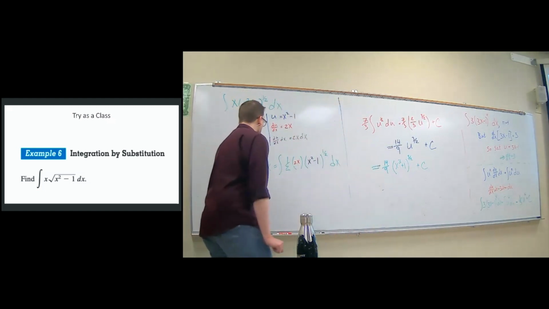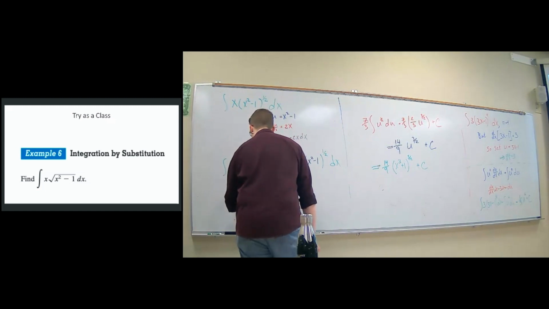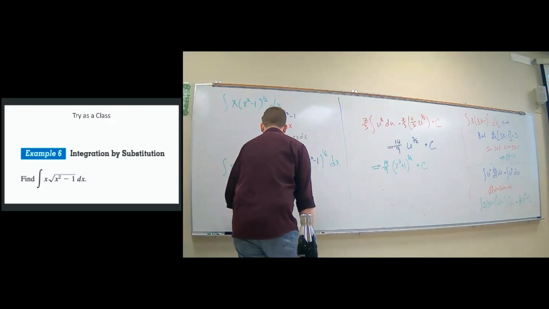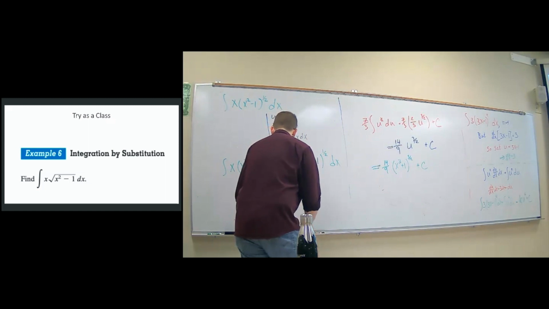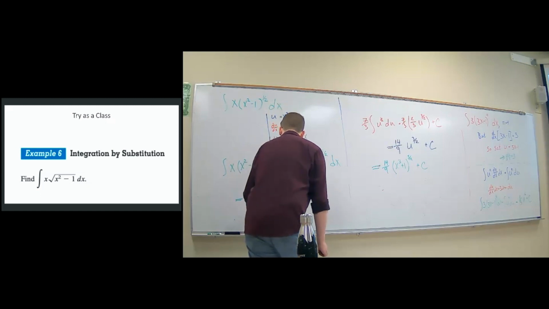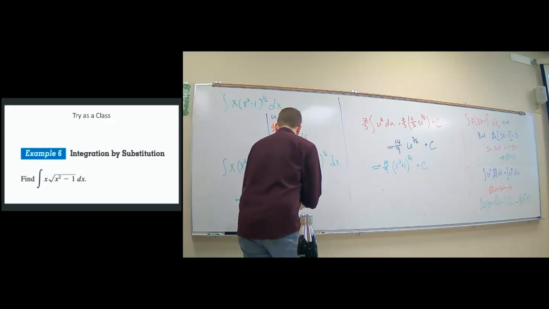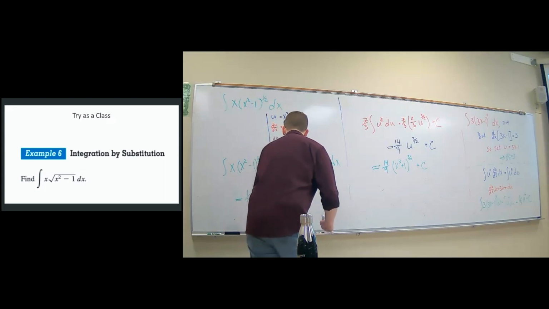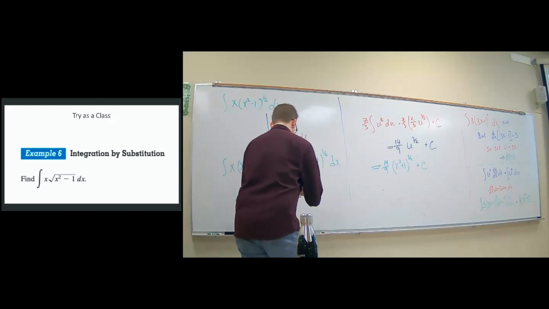So I can rearrange all of this to get 1/2 the integral of x squared minus 1, all that raised to the 1/2 power, times 2x dx.